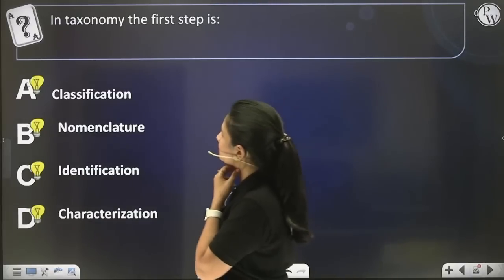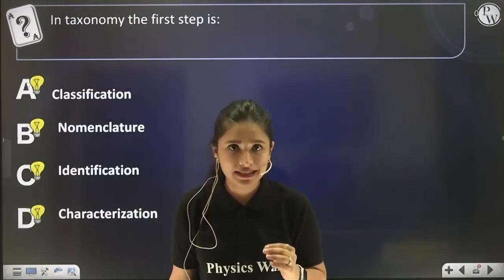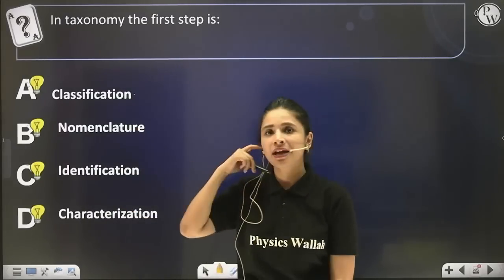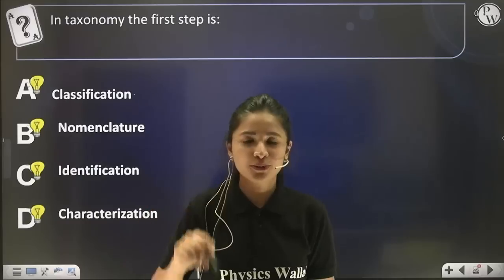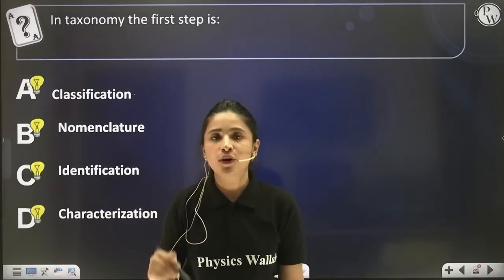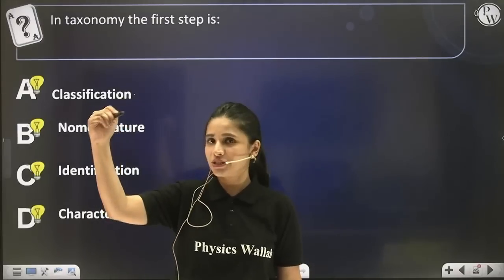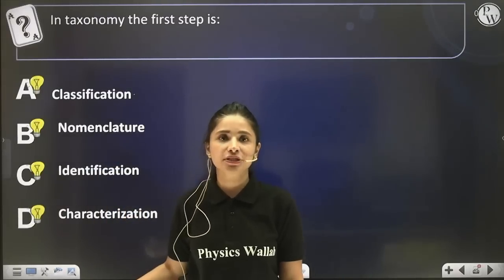Moving ahead. Next question. In taxonomy, the first step is, your options are classification, nomenclature, identification and characterization. So children, the sequence of steps in taxonomy is characterization, identification, classification, then nomenclature.